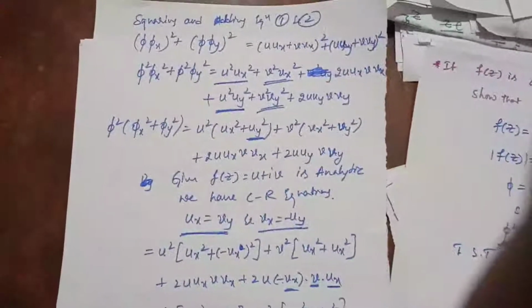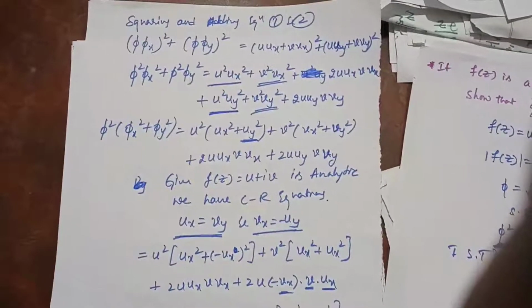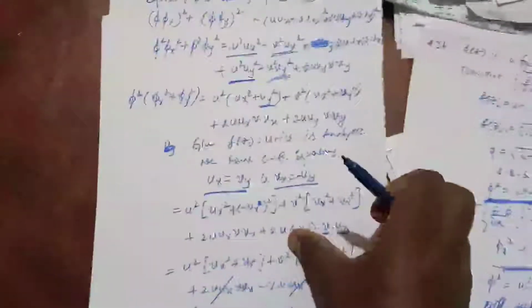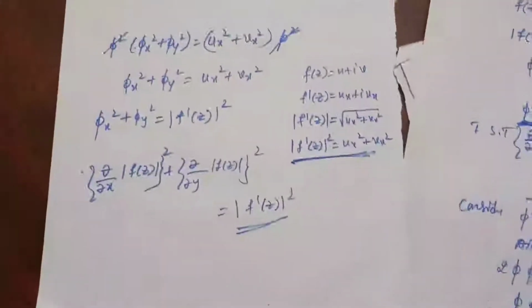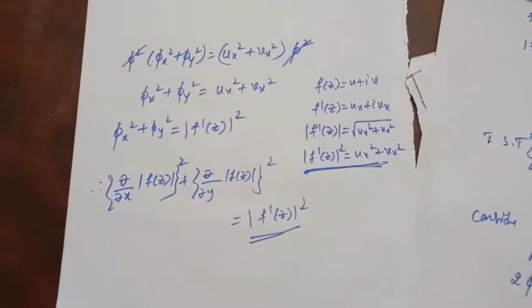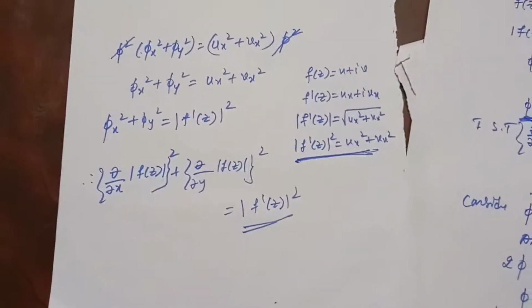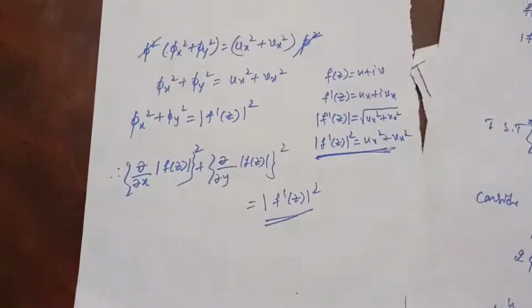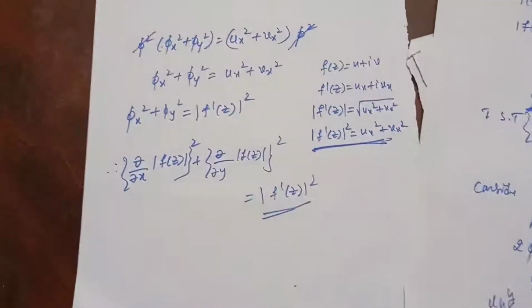Only here the Cauchy-Riemann equations are required, so replace that carefully and simplify. u square plus v square is phi square. u x square plus v x square is modulus of f dash of z whole square. So okay, thank you.